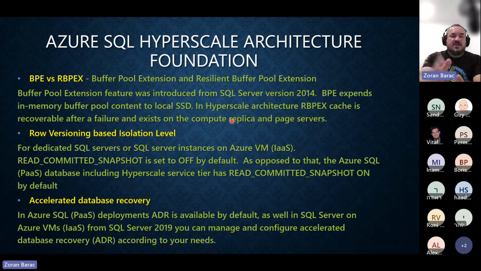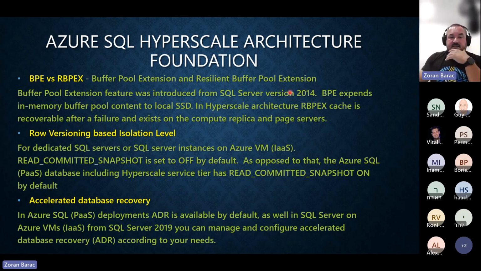So we're not going to go too deep in this. This is basically the foundation of what was used to get what you're getting now with the hyperscale. It's a buffer pool extension, which exists since 2014.